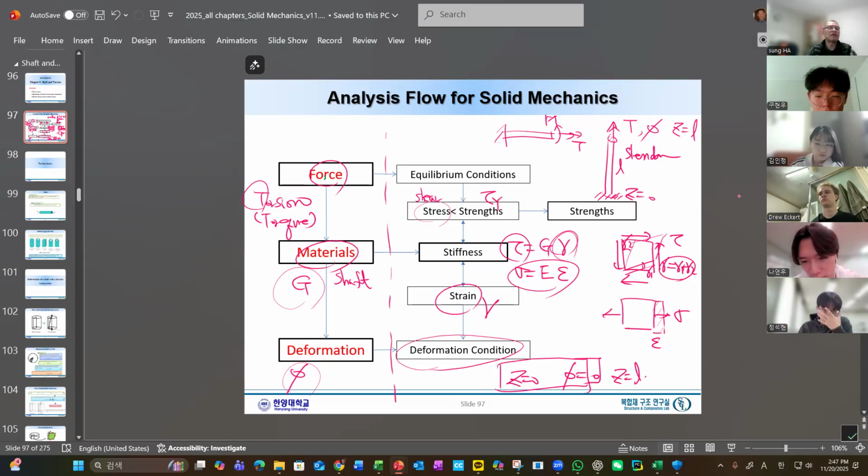It is very important, as important as the applied torque. And for strength, we do know the failure criterion. So the point is that all the procedures, the 3+1 flow chart, will equally apply to a torsion case.